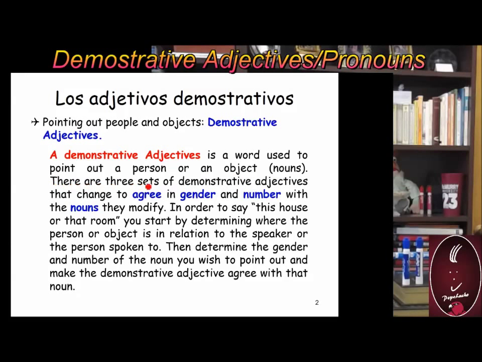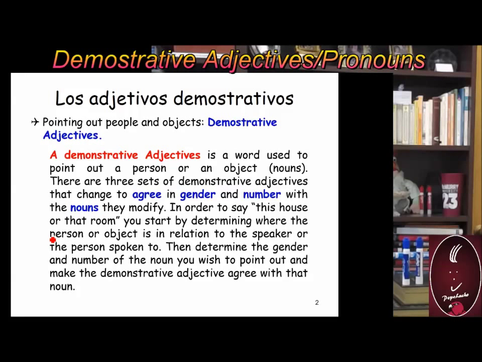There are three sets of demonstrative adjectives in Spanish that change to agree in gender and number with the noun that they are pointing out. If we want to say this house or that room, we start by determining where the person or object is in relation to the speaker or the person spoken to.